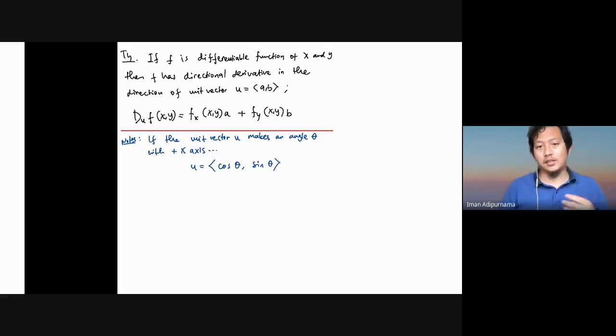It's just a change to polar, because it's a unit vector, so the radius should be one unit.